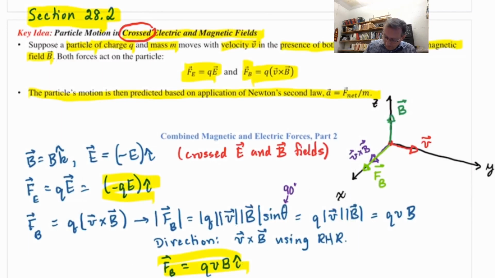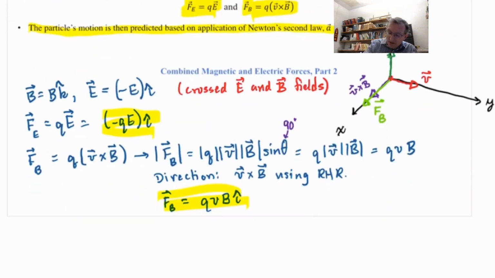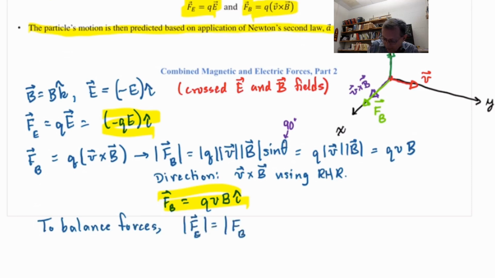Okay? So to balance the forces, well, I need their magnitudes to be equal. F electric equals F magnetic.